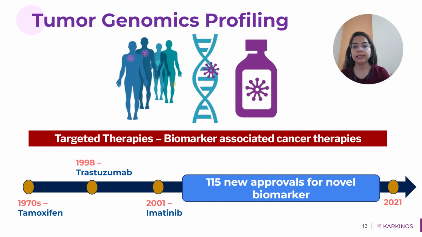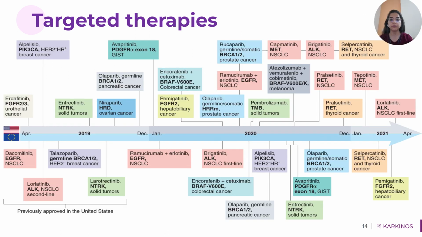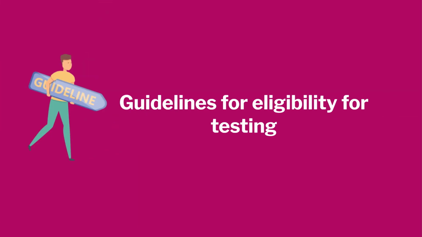Followed by that, in 1998, trastuzumab was approved for HER2 positive breast cancer, and with the discovery of the Philadelphia chromosome, the development of imatinib marked the beginning of targeted therapy. And by 2021, we had 115 new approvals for novel biomarkers. And this slide will give you a basic glimpse of the targeted therapies that have been FDA approved.